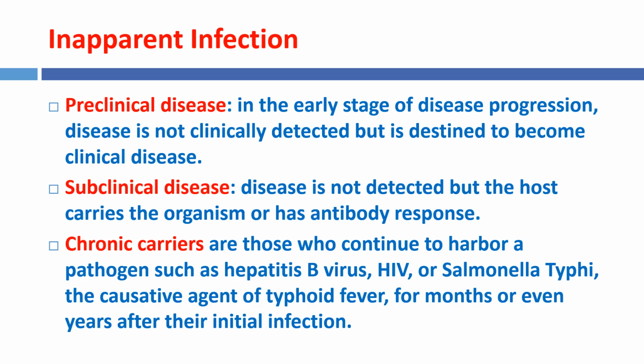Chronic carriers are those who continue to harbor a pathogen such as hepatitis B or Salmonella typhi, the causative agent of typhoid fever, for months or even years after their initial infection. All of these cases, people with preclinical, subclinical, or chronic carriers can all be infectious to others without even knowing about it.